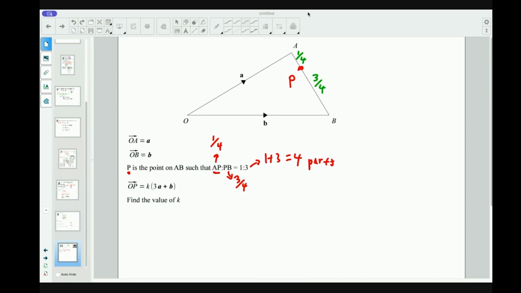So we want to be able to find what OP is going to be. All right. So can anyone tell me what I should start off looking for first before I can do anything else? So I've defined what each part of line AB is going to look like. What else do I need to find? What do you think is going to be important to find out?